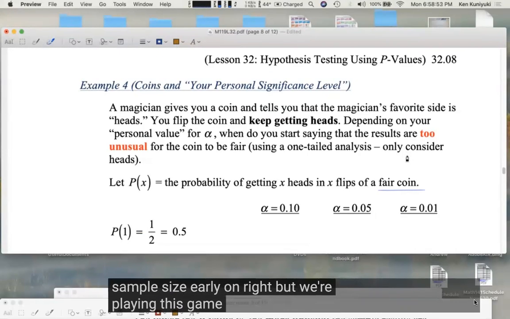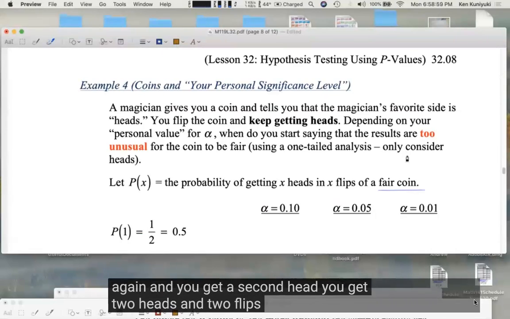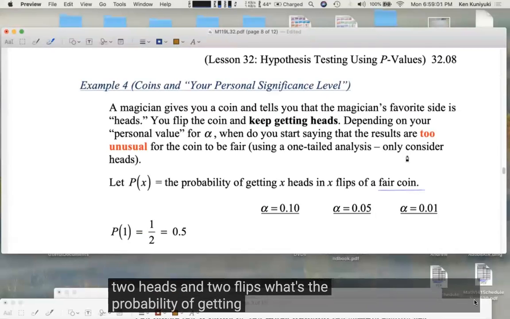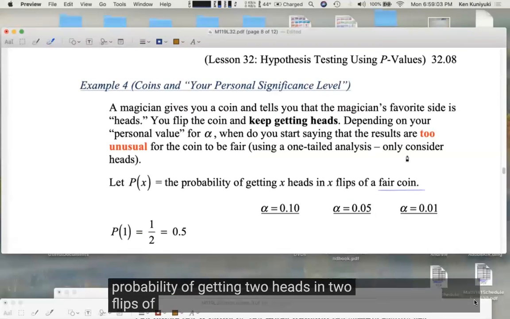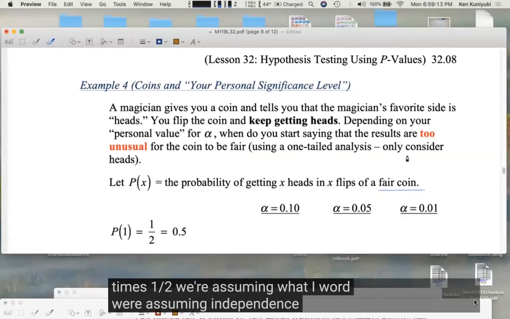But we're playing this game. You flip the coin again, and you get a second head. You get 2 heads in 2 flips. What's the probability of getting 2 heads in 2 flips of a fair coin by chance? It's 1/2 times 1/2. We're assuming what I word? We're assuming independence.